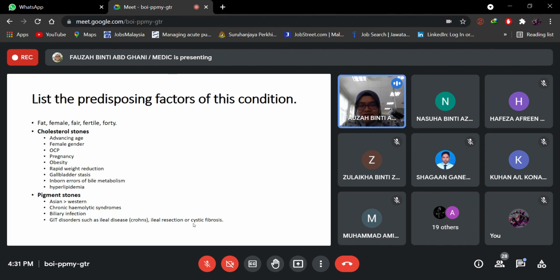Bila slow, dia slow lah. Maknanya slowing tu is called stasis. Dia slow dia punya pergerakan. Kan dia mungkin boleh lalu bila stone tu kecil, dia tak fully obstructed, tapi flow tu, the bile flow tu dia akan slow in the bile duct tu. Okay, so bila slow like any organ pun, contoh macam another organ, kidney.